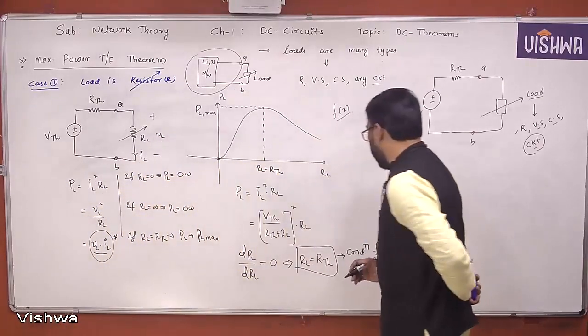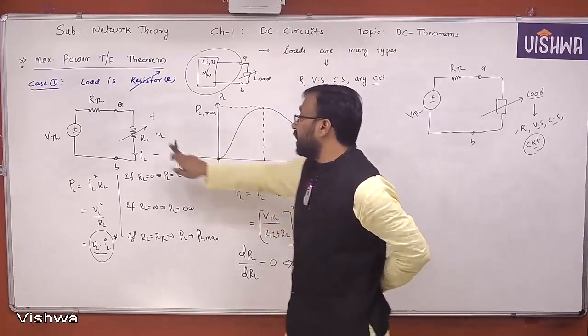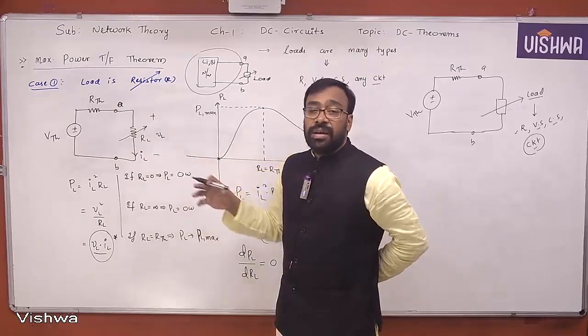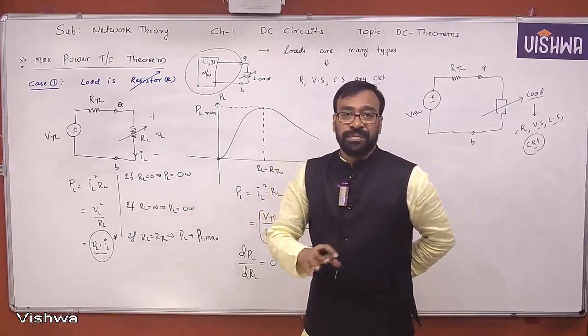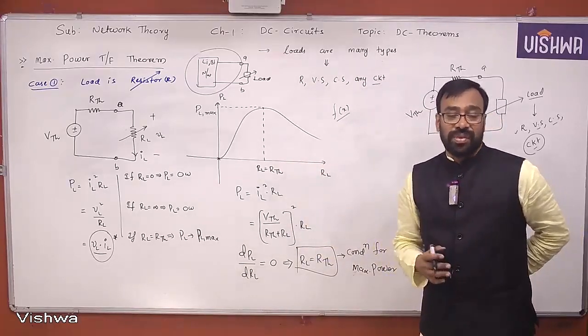Now, once you apply this condition here, if I make RL equal to RTH here, this entire circuit is said to be the maximum power transfer condition circuit. The circuit is now corresponding to the maximum power transfer condition.